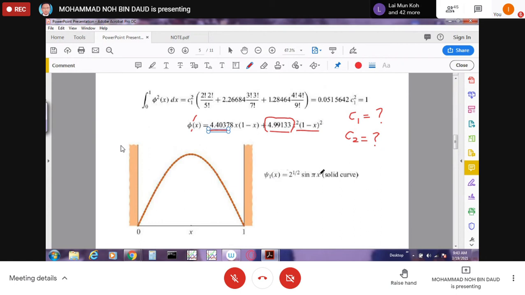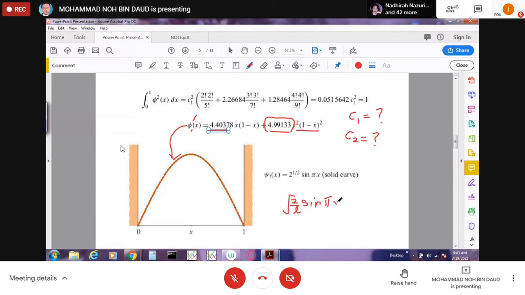So we can plot the true wave function, which will be like this, and you can compare by plotting this function. So you can plot it like this.